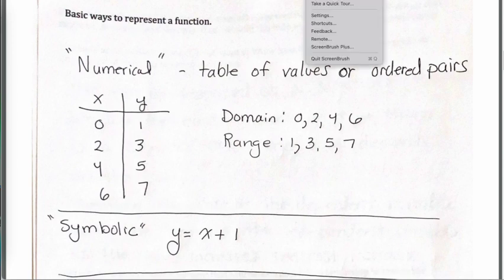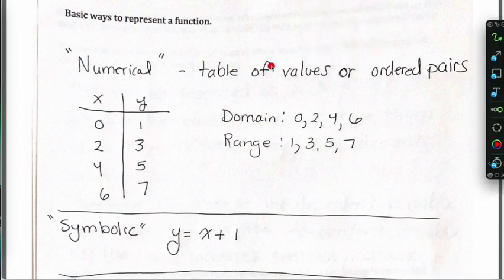All right, so we have what's called the numerical representation, which is just a fancy way of saying a table of values or a set of ordered pairs, where each x is paired with each y. So this is an ordered pair, 0, 1, or you can look at it in table format. So this 0 is being mapped to this 1.